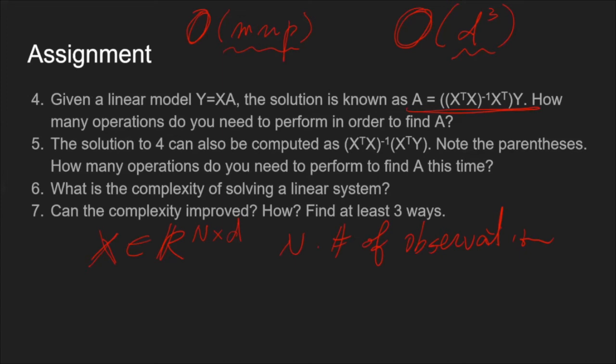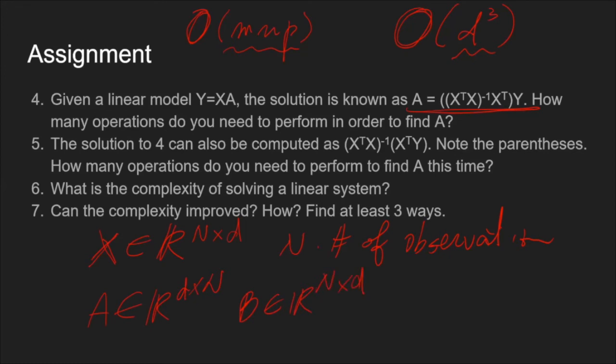Now, when you compute X transpose X, that's like a matrix multiplication between a matrix that's d by n, because it's a transpose, and then a matrix that's n by d.